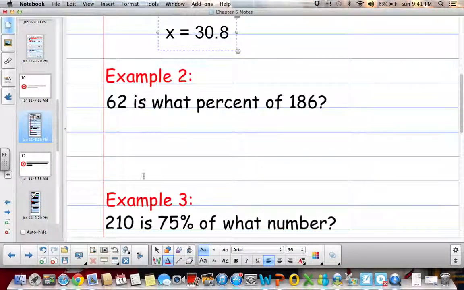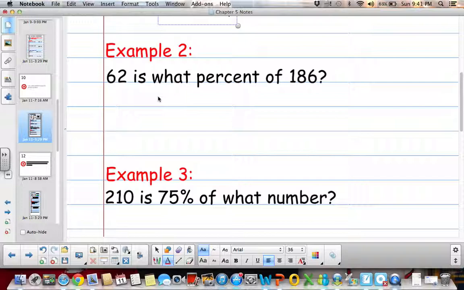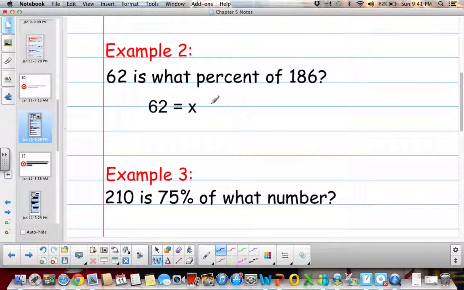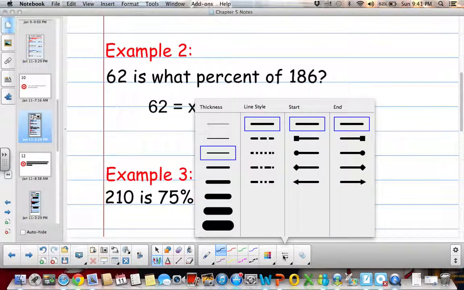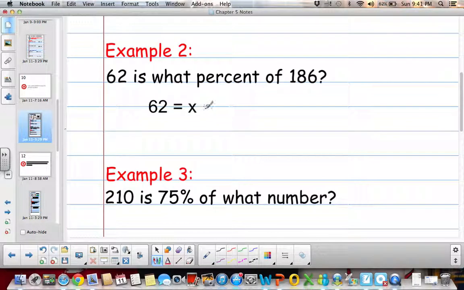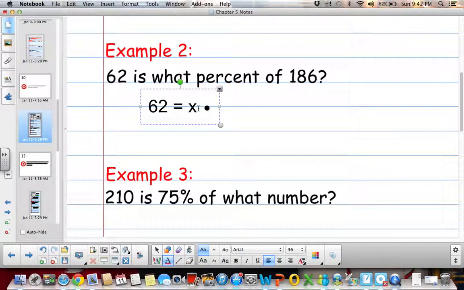Okay, example 2. 62 is what percent of 186? So 62 is our part. We don't know what our percent is, but we're taking whatever that percent is of 186. So we have 62 equals x, because that's our percent, times 186.